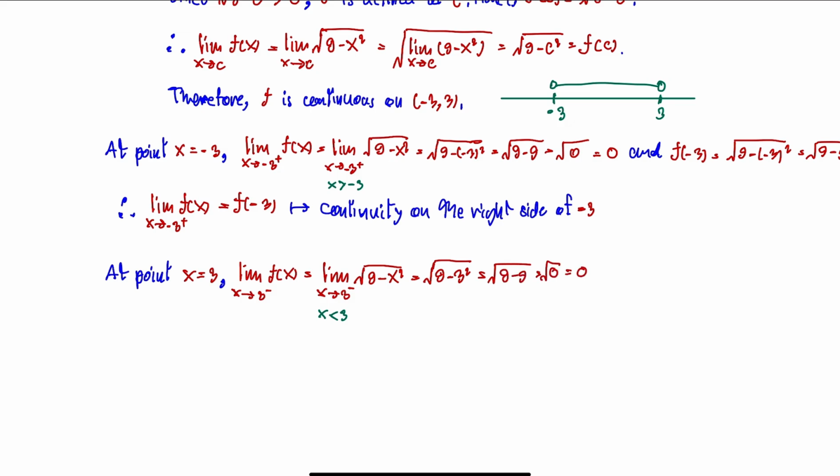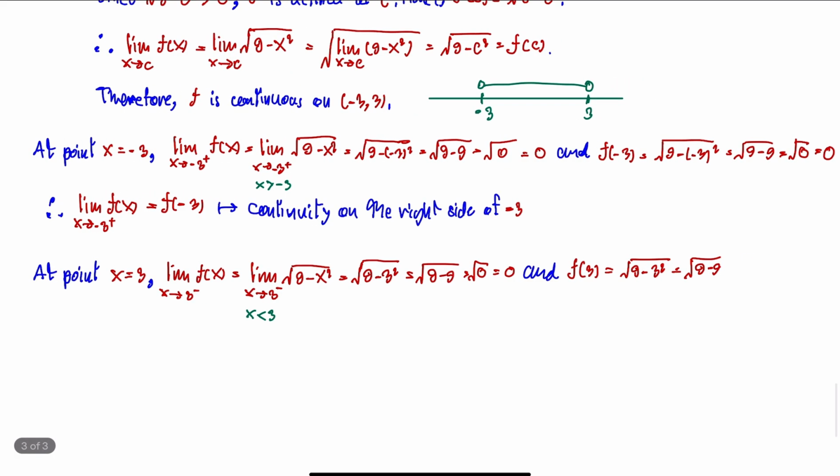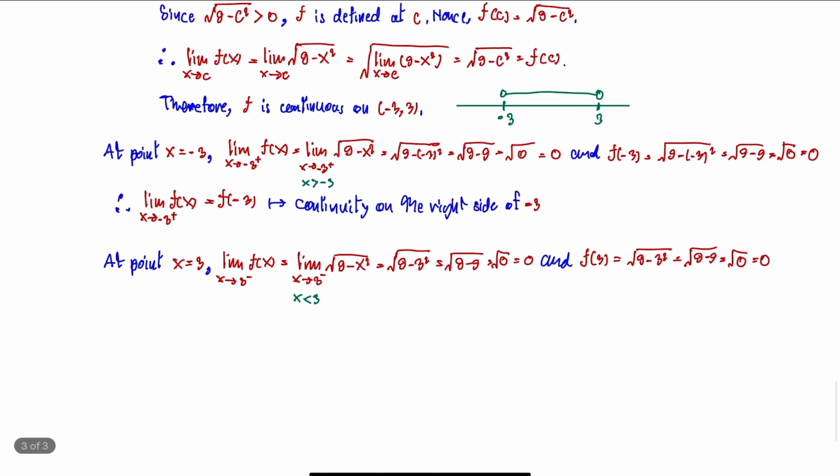Okay, and what is f of 3? f of 3 is the square root of 9 minus 3 squared, which is the square root of 9 minus 9, which is the square root of 0, which is 0. Okay, so they are equal. That means the limit of f of x as x approaches 3 from the left side equals f of 3.